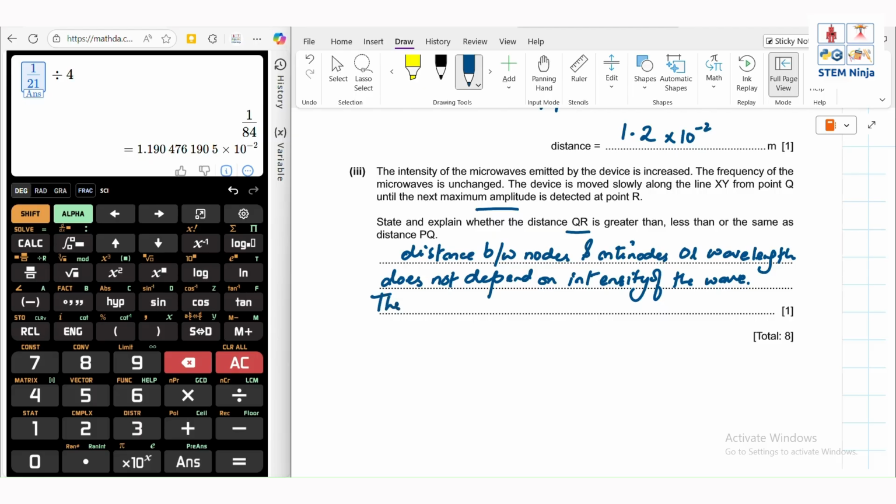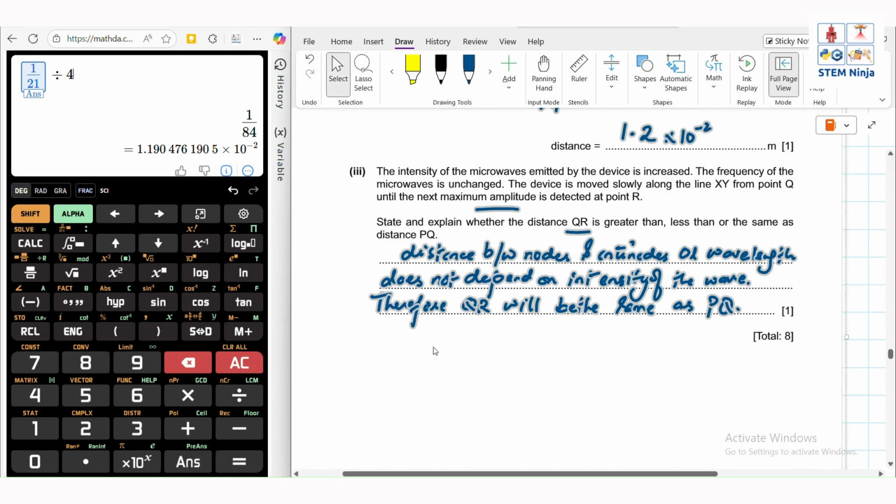Therefore, QR will be the same as PQ. That's it.